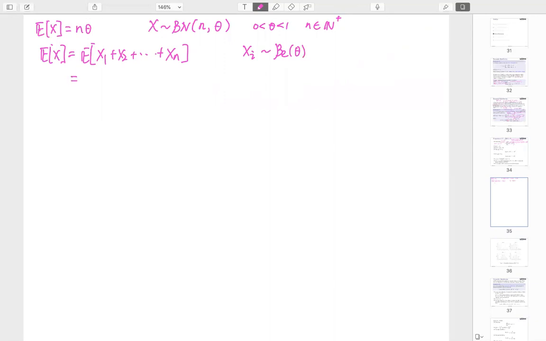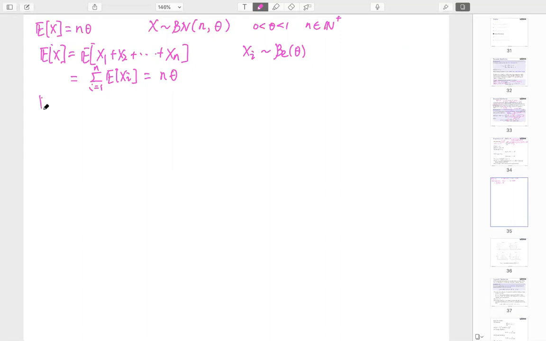Because expectations are linear operators, and we know for each one they are the same and the expectation is theta, I have a summation of n thetas. So it's n theta. This is likely the easiest way of proving the expectation result.